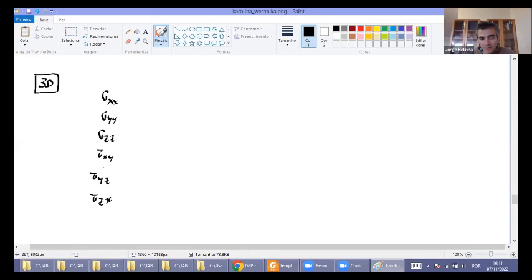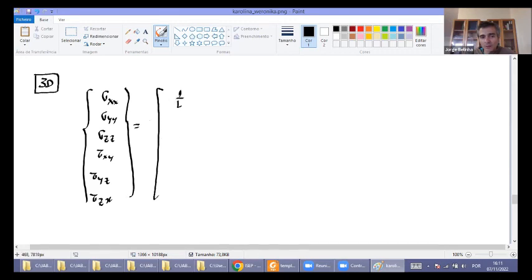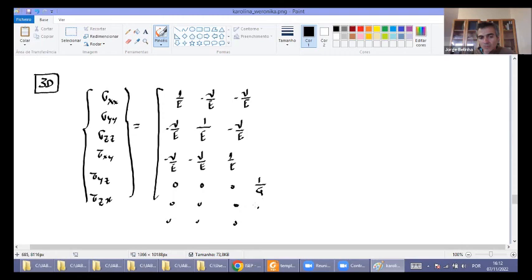Putting the stress tensor in a 6-dimension vector, and we can multiply it by this matrix. This is the Poisson coefficient, this is the Young modulus. And this is the equivalent of the 1D. This is the shear modulus. Okay, I'm going to explain what the shear modulus is right away.